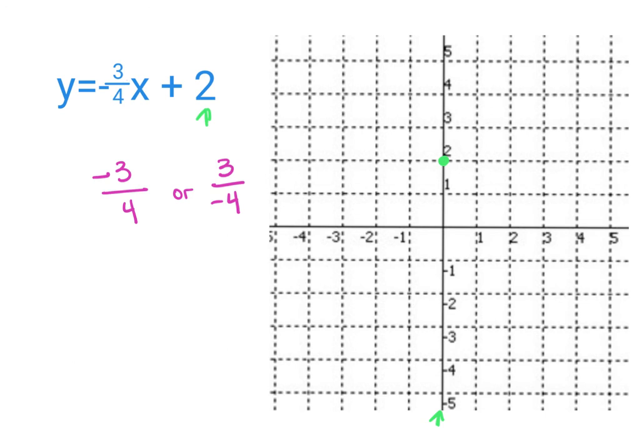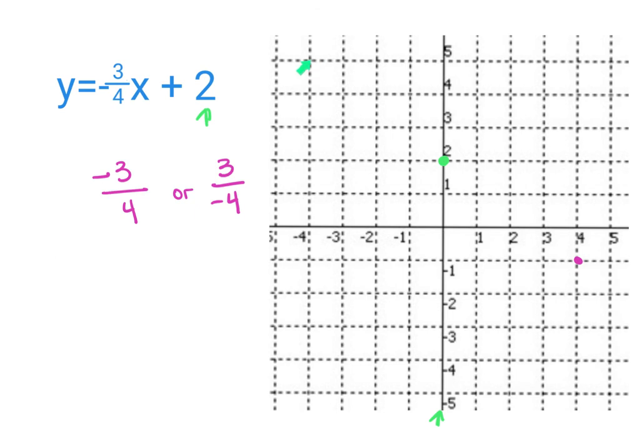Negative 3 over 4 means down 3, 1, 2, 3, and right 4, 1, 2, 3, 4. That's going to put me at the point (4, -1). Positive 3 over negative 4 is going to take me up 3, 1, 2, 3, and left 4, 1, 2, 3, 4.